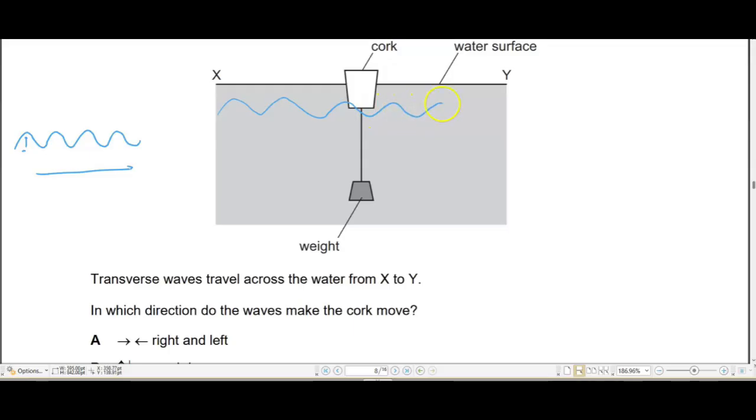Okay. And we should always remember the fact that waves transfer energy without transferring matter.